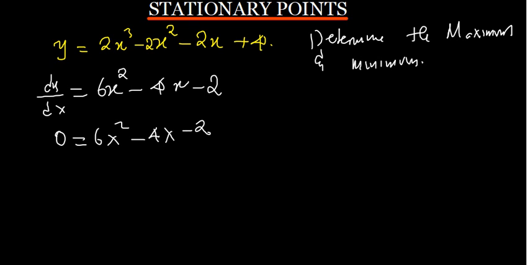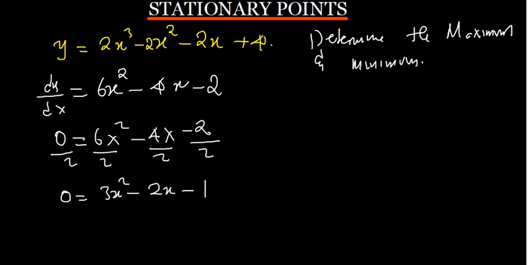Now since we can see 2 can go in everything, I'm going to divide everything by 2. 0 over 2 is still 0. 6 over 2 is 3. 4 over 2 is 2. 2 over 2 is 1. So if I want, I can take this to this side. So what we are going to have is 3x squared minus 2x minus 1 is equal to 0.